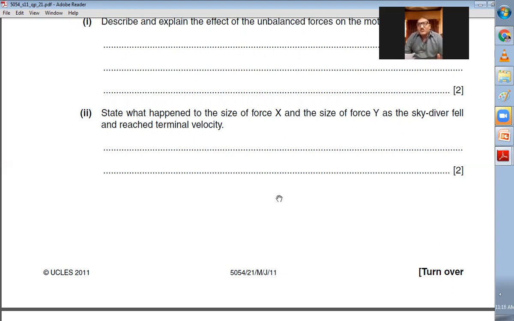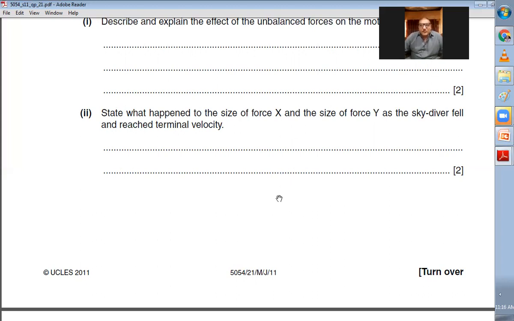So weight is constant, and when the air resistance is gradually increasing, the resultant force, that is X minus Y, will be gradually decreasing. Ultimately the Y value will become equal to the weight, and the resultant force will become 0.